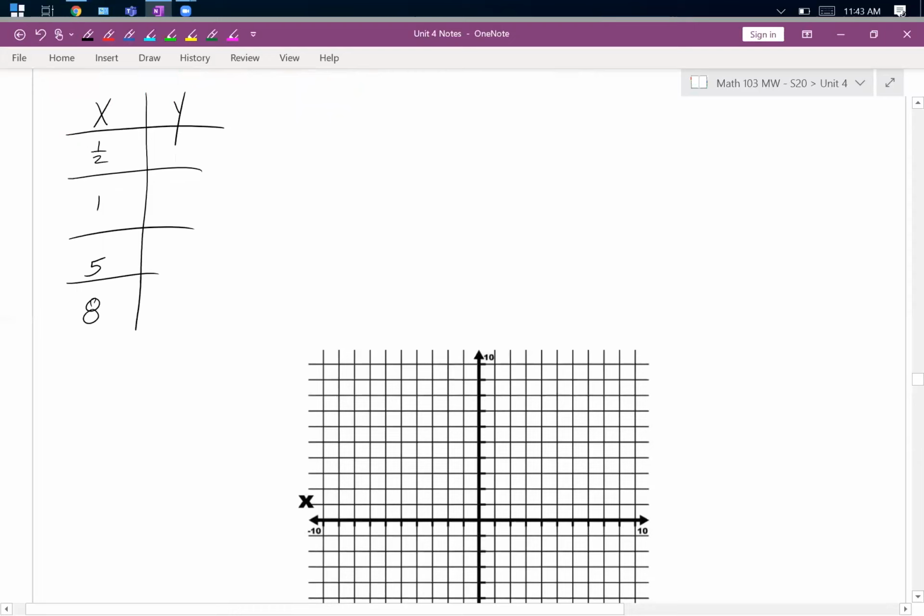So I want to make sure that everybody can get the first one, and then I'm going to put you guys in groups and breakout rooms and let you finish this up together, but I want to make sure everybody's comfortable with their calculator. So let's find out what natural log of 1/2 is. I don't want to leave you in a breakout room unable to use your calculator.